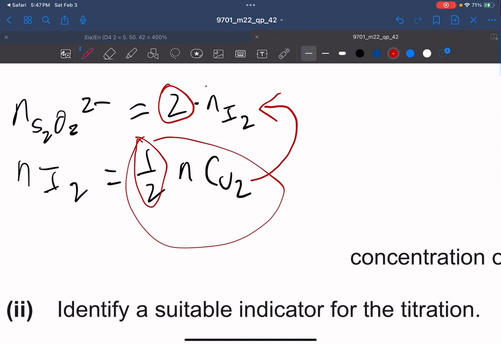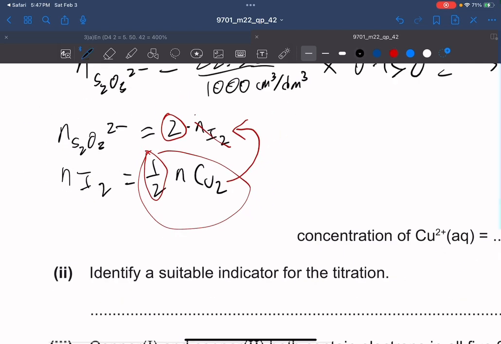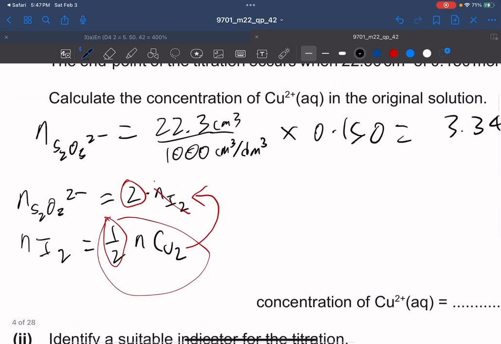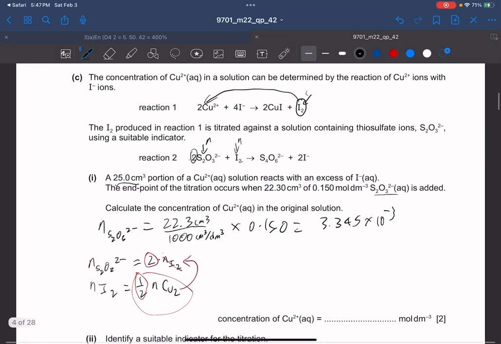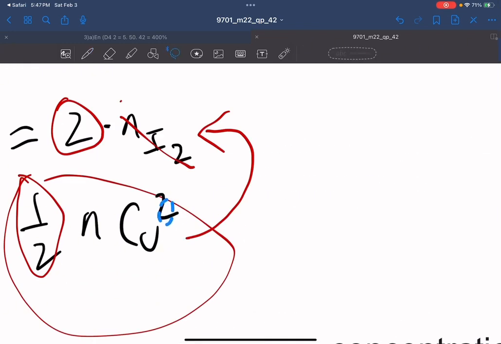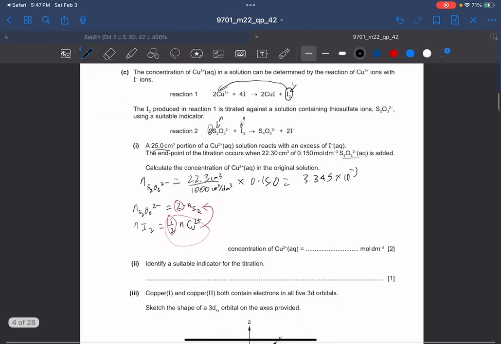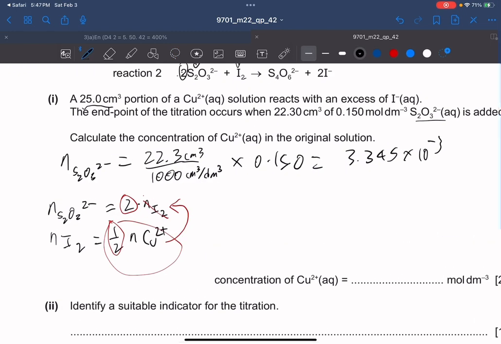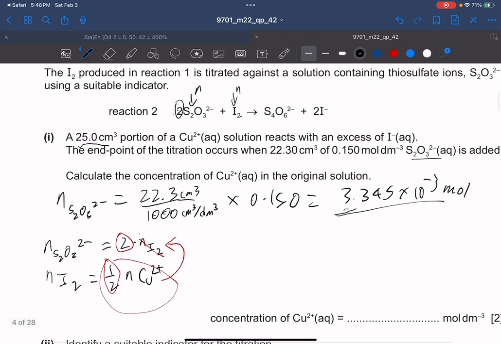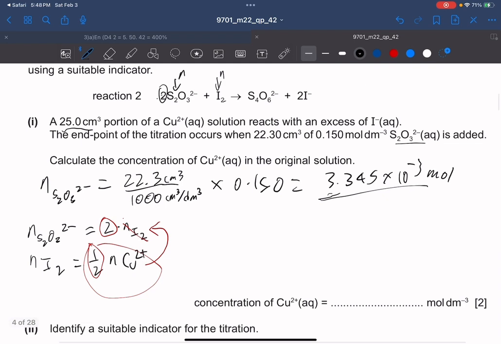Just like algebra, we could substitute it into here. So it's going to be 2 times half n Cu2+. So it means that n S2O3 2 minus is equimolar to the moles of copper we have. Sorry, this is Cu2+, my bad. So basically, this is already the moles of copper 2 plus.